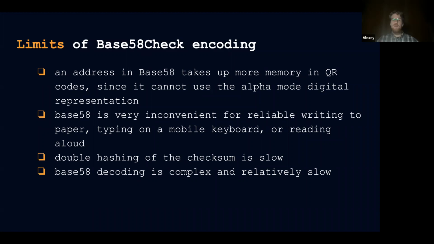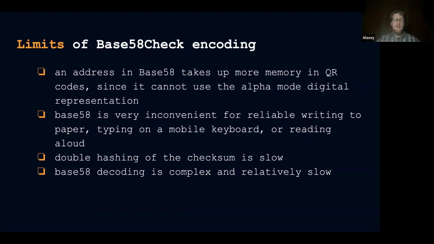Yep, and the reason for that is because it cannot use the alpha mode digital representation. Also, base 58 is very inconvenient for proper, adequate, reliable writing on paper, typing on a mobile keyboard, or reading aloud when you are calling on the phone, or you are talking to the person and you cannot show them the address, and you name every letter in this encoding.